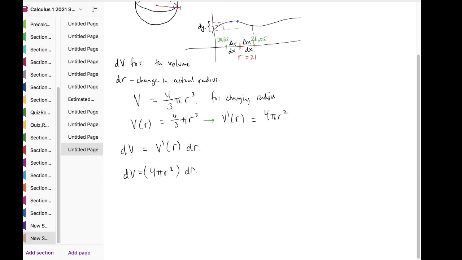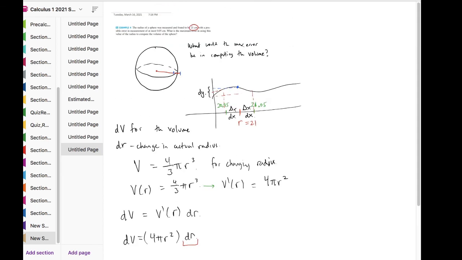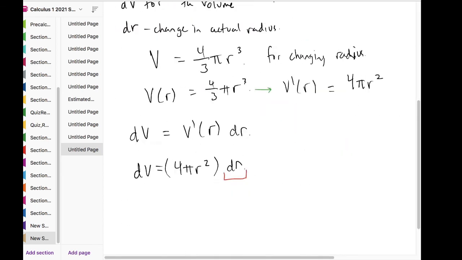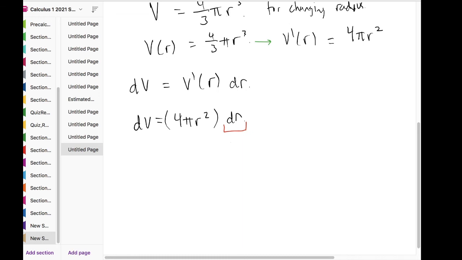Okay, so using the differential, we know that the maximum error in the measurement of the radius is 0.05. So our change in the radius is 0.05, and it was at the point r equals 21.